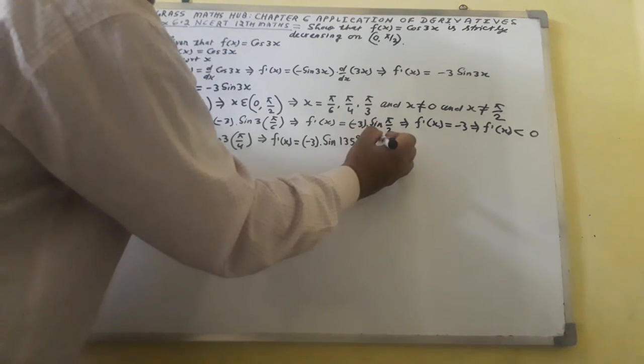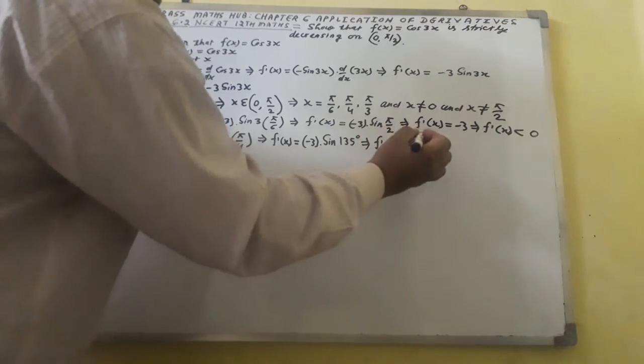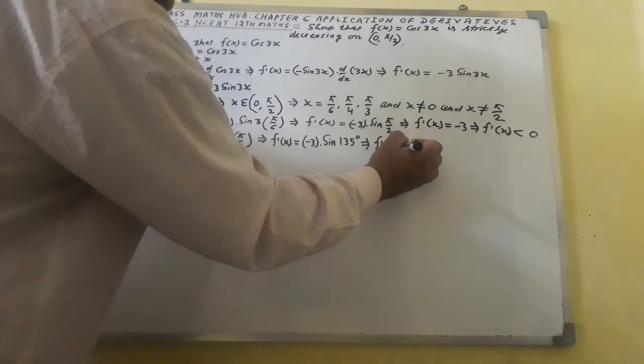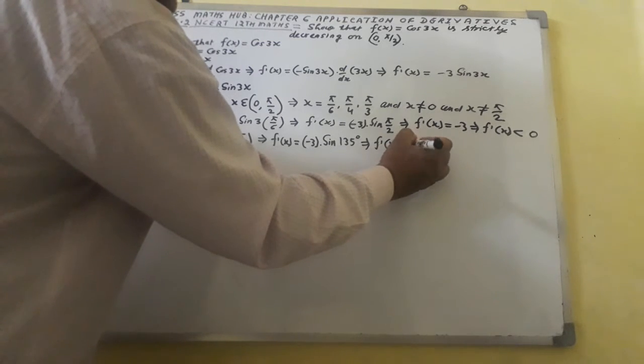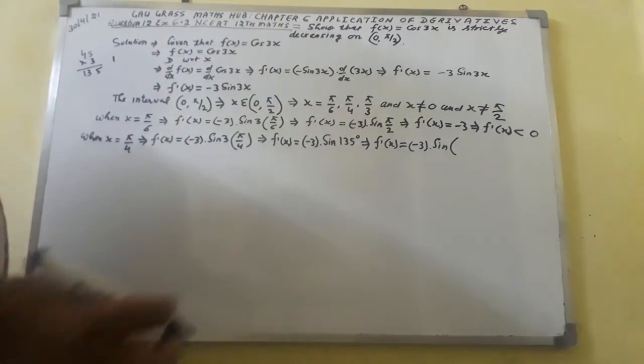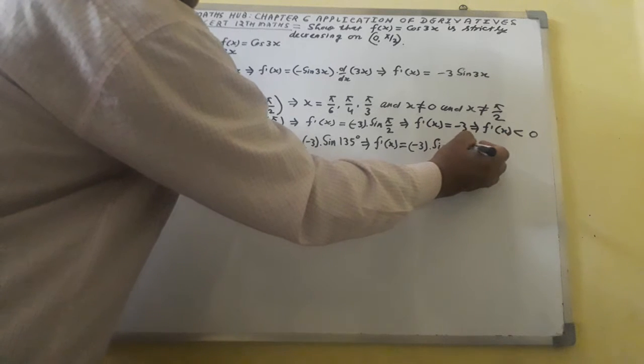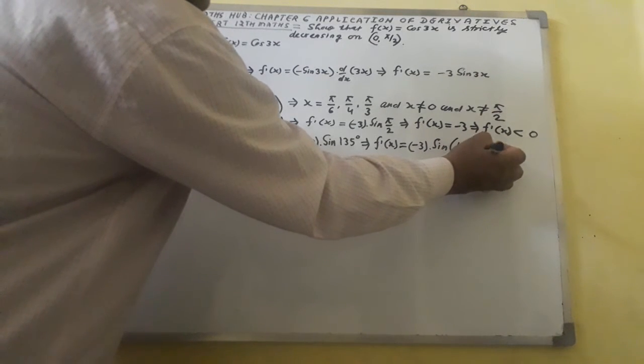Implied that f dash of x is equal to minus 3, and sine 135 degree can be written as 180 minus 45.